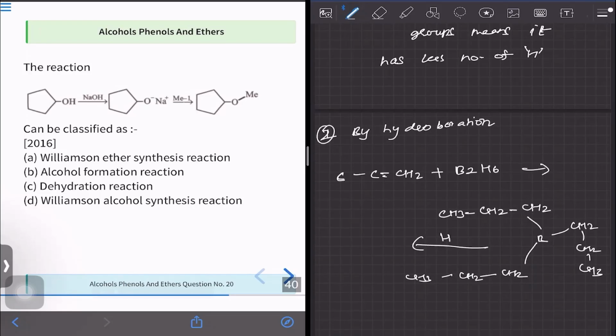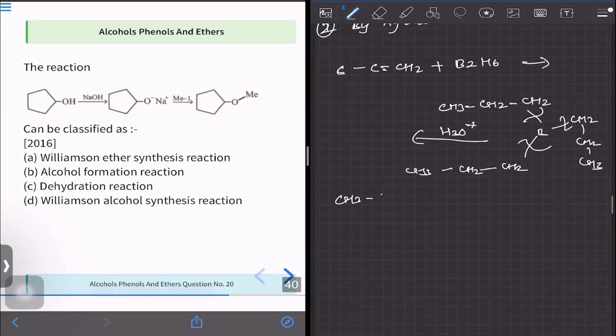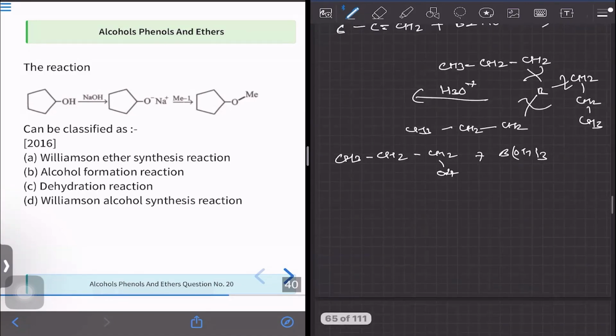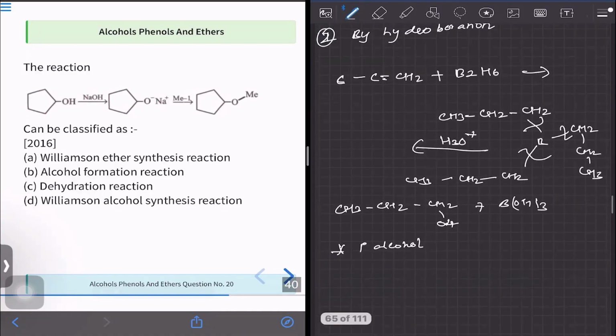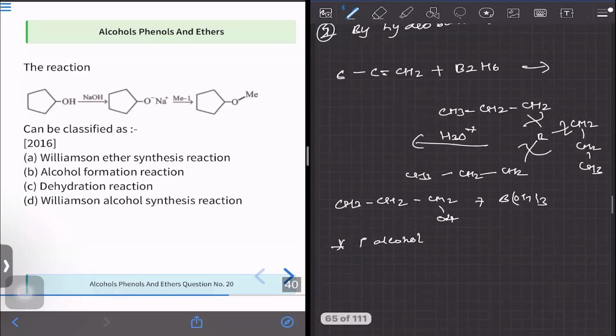On hydrolysis of this compound, it produces alcohol, CH3CH2CH2OH plus B(OH)3. So it produces a primary alcohol. This is another method of production of alcohol.